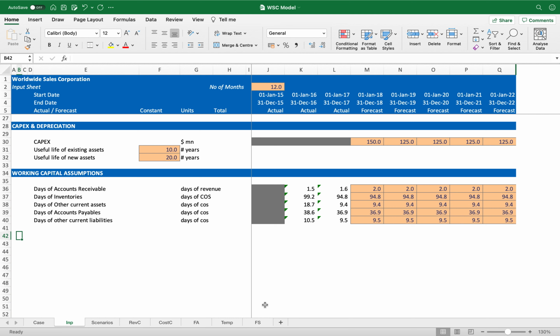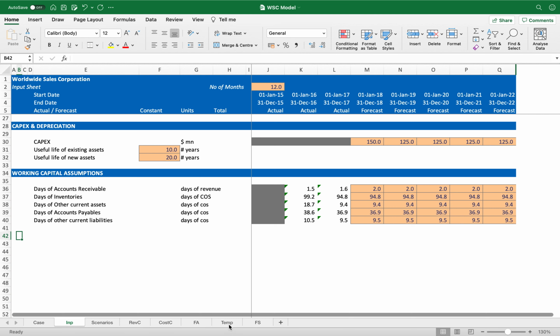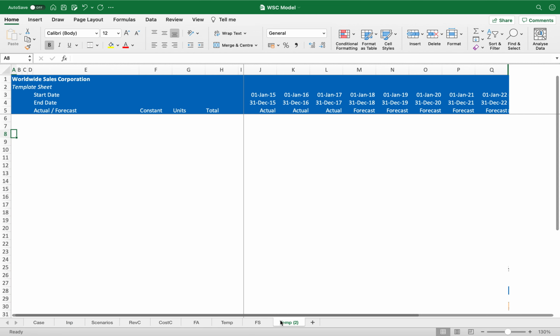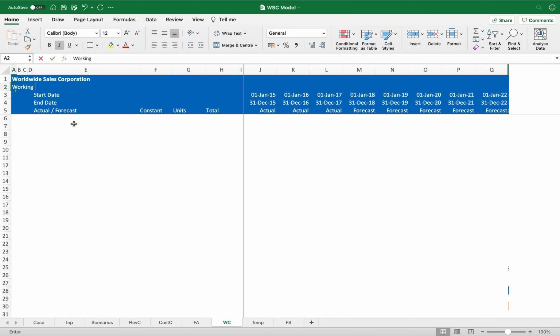Fair enough. Now we are to prepare a schedule, and you know the drill. It's very simple. Copy the template sheet across, and this is working capital computations. Now bring in two figures from your financial statements.